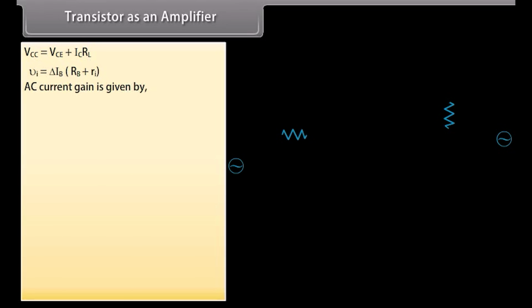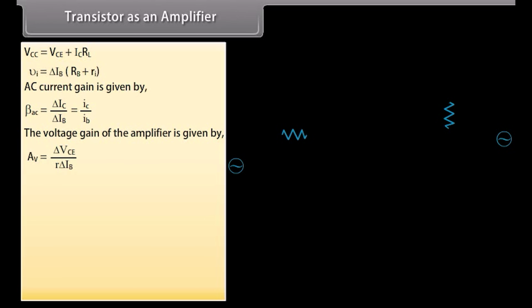AC current gain is given by beta AC is equal to delta IC upon delta IB. The voltage gain of the amplifier is given by AV is equal to delta VCE upon Ri delta IB.